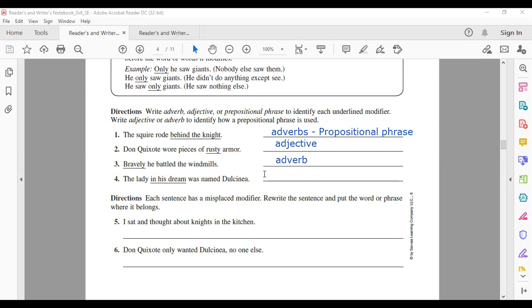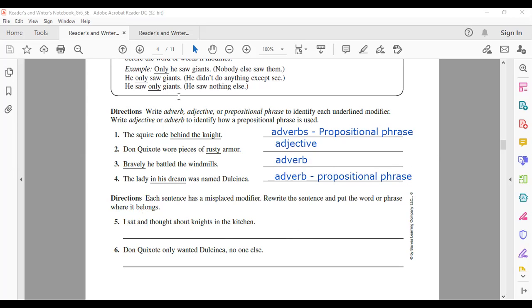Adverb or adjective? Adverb. Adverb, excellent. Why? Because it describes the woman. Where is the woman? The woman in his dream. So here it describes where. So that's why I will call it adverb. And then what kind of adverb? Since it has a preposition, I will call it prepositional phrase. Right, let's go for the next one.